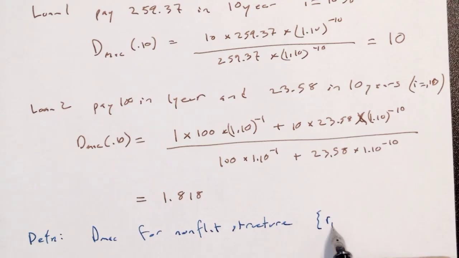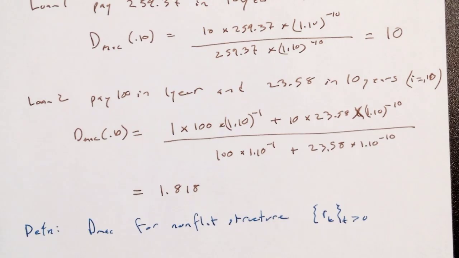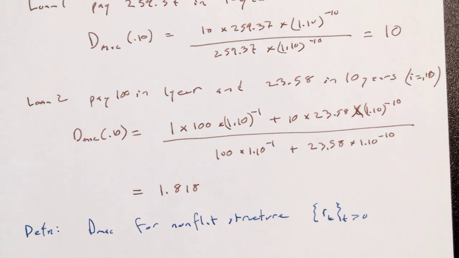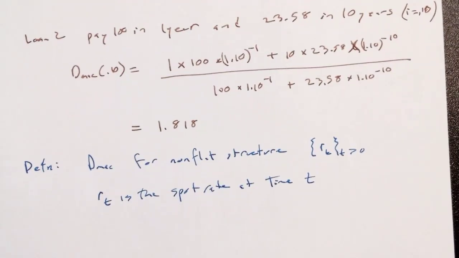Well, then I have interest rates RT, where RT is the spot rate at time T. So spot rate is the annual rate as of time 0 for a zero coupon bond maturing at time T. So the interest rate today for a zero coupon bond in 1 year, 2 year, 3 year, 4 year, however many.